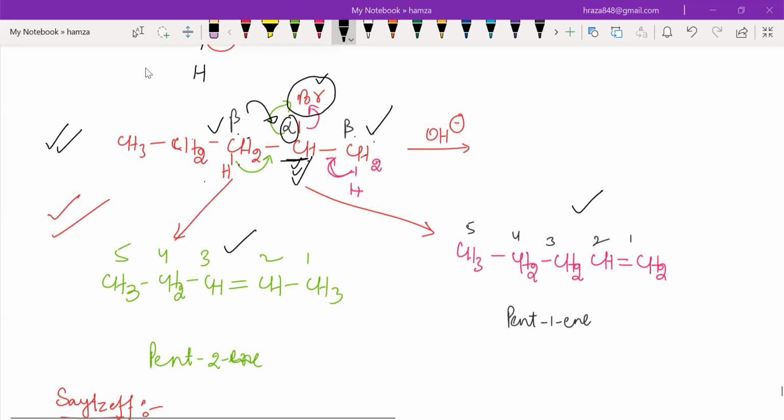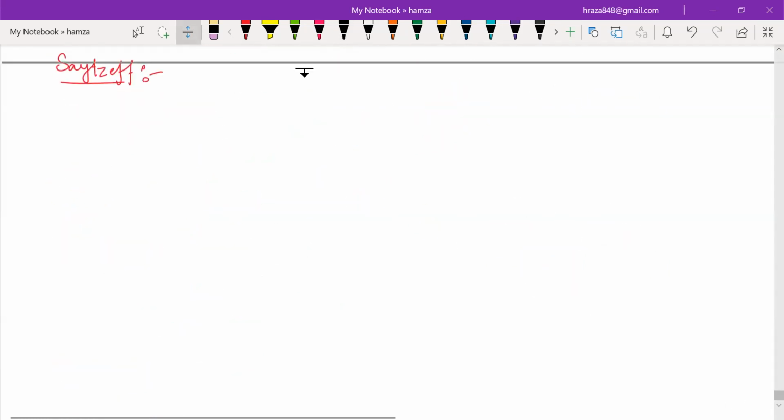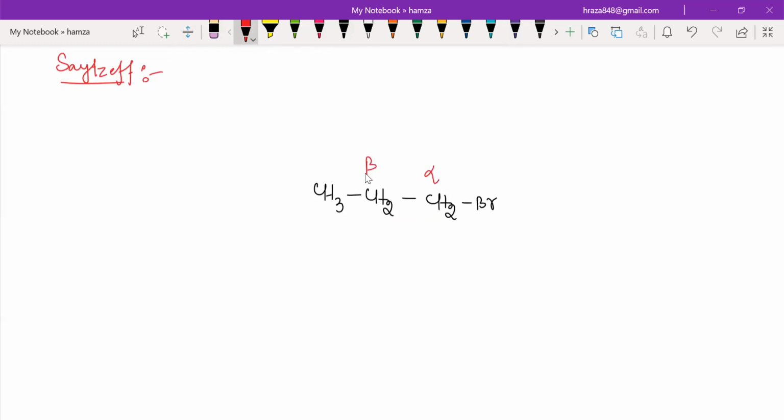Yes, sir. Okay. Now see, I'm going to take this example again. If we have CH3, CH2, and CH2Br, now you can see, please respond, this is the alpha carbon, then this is the beta carbon. Yes or no? Yes, sir. Now this beta carbon has beta hydrogen.